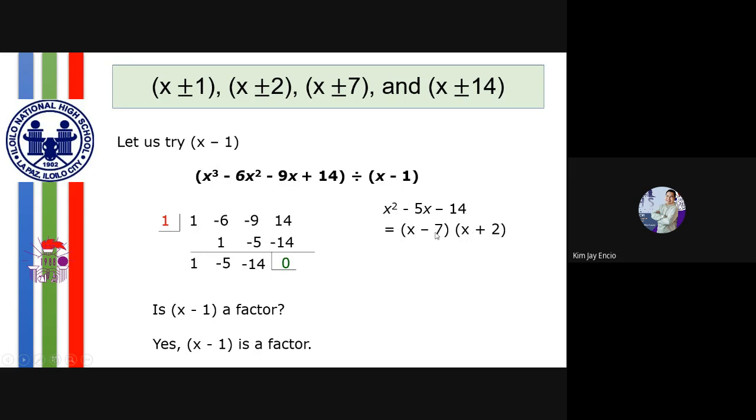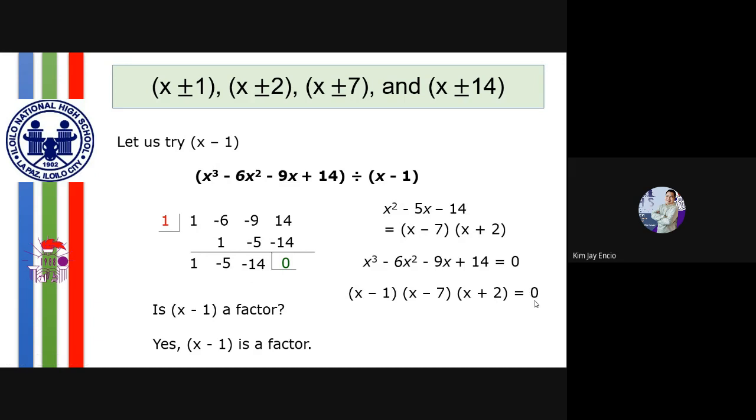Therefore, we could say that x cubed minus 6x squared minus 9x plus 14 equals 0 could be factored as x minus 1, x minus 7, and x plus 2, and these factors equal 0.